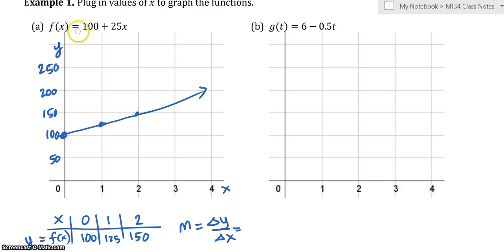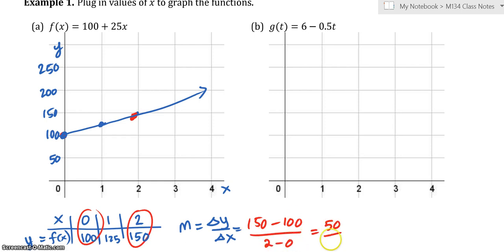I'm going to pick in red these two, just to show you. So it's going to be 150 minus 100 all over 2 minus 0. So it looks like 50 over 2, which is 25.